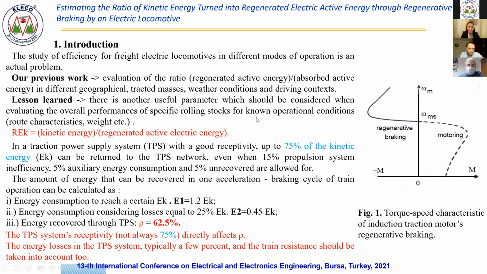If it has a good receptivity, you can wait for 75% of kinetic energy to be returned to the traction power supply system. Even if 15% propulsion system inefficiency, 55% auxiliary energy consumption, and 5% unrecovered are allowed.